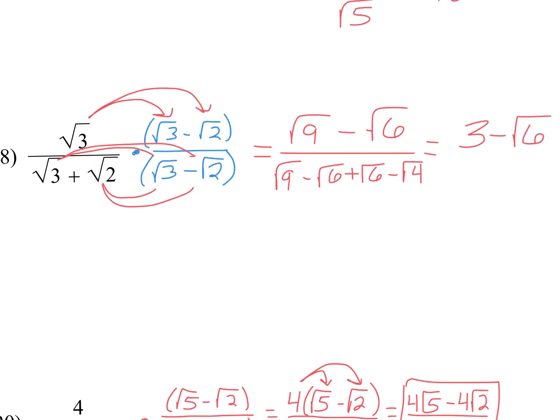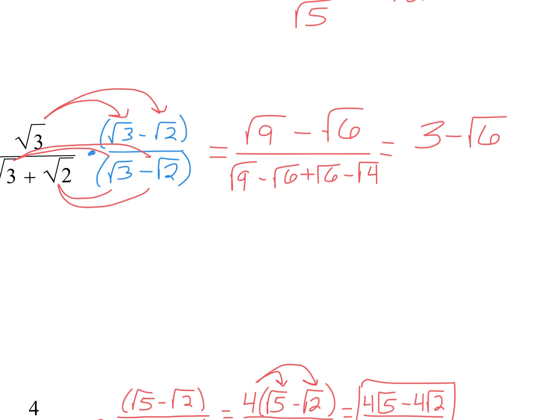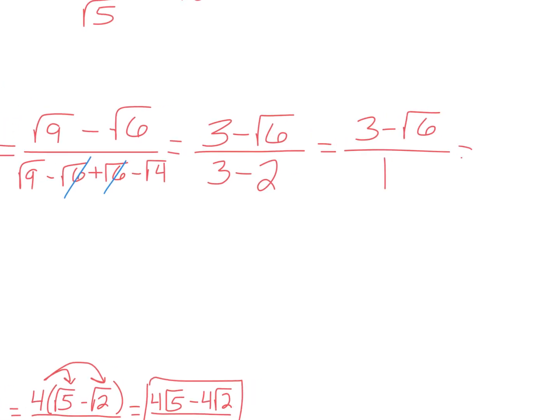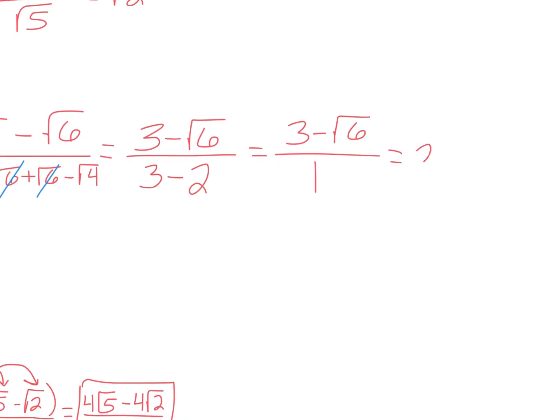What's going to happen every single time? Those middle terms are going to cancel. So what's the square root of 9? 3. What's the square root of 4? 2. Keep going. We said the top was done. 3 minus square root of 6 over 3 minus 2, which is 1. And then what does that simplify to? Just the top, right? 3 minus the square root of 6.